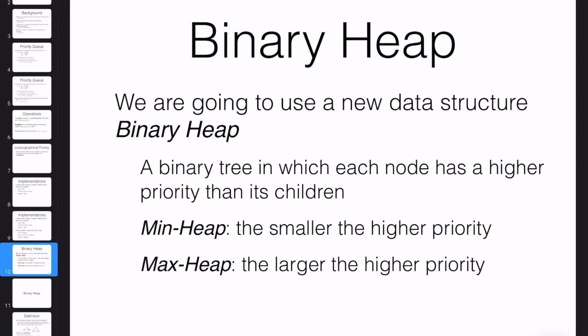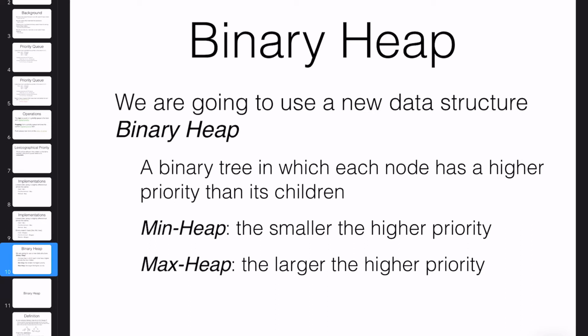So for the priority queue, or here we actually call this a binary heap, we are going to use a tree, right? But this tree is not like an AVL tree. It has fewer restrictions over the shape of the tree. I'm going to give you the full definition and more examples.